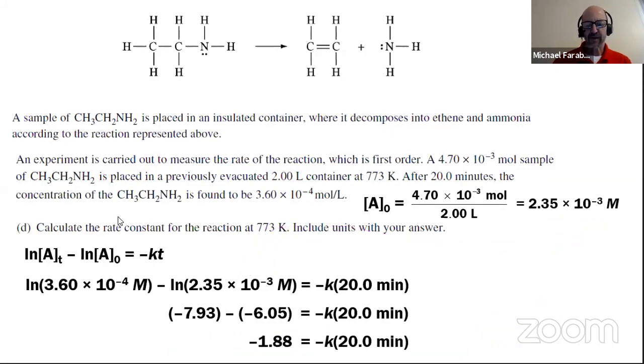K works out to be negative, well, actually, I guess the negatives go away. So K works out to be 1.88 divided by 20, which is 0.0940. And then again, I have the units, and it said specifically, so pay attention. If they say they want units in the answer, it depends on the AP exam, and I don't know the specific questions, obviously, but if they say include units with your answer, sometimes if it's a 1-point question, you might have the right numerical answer.